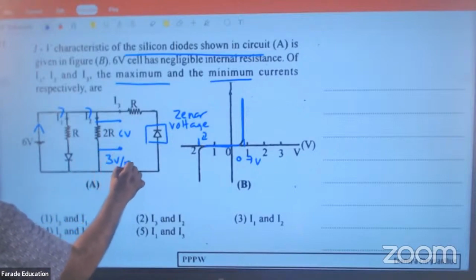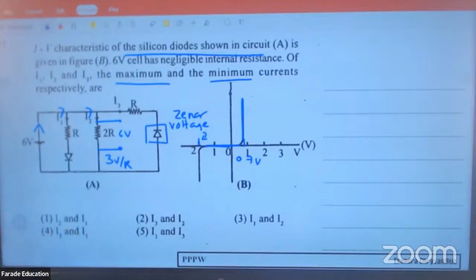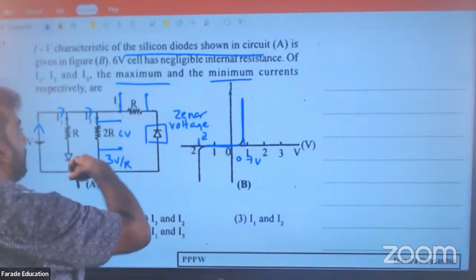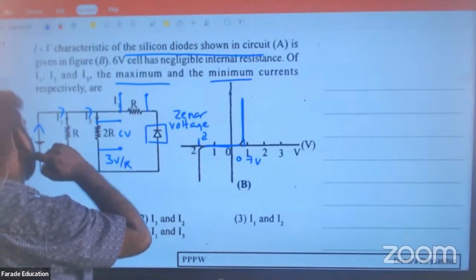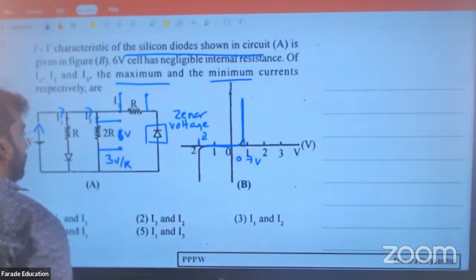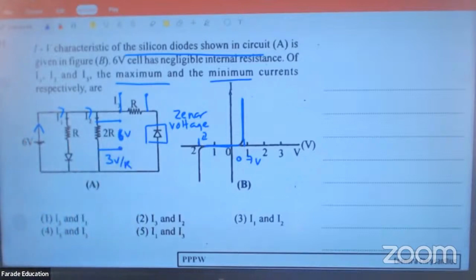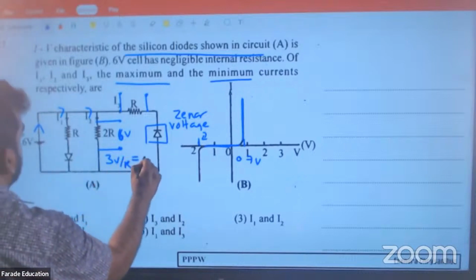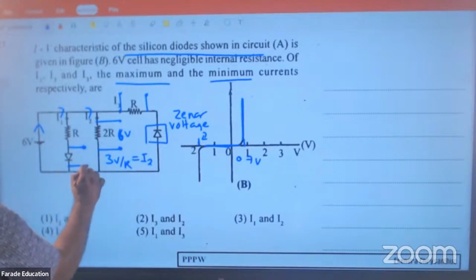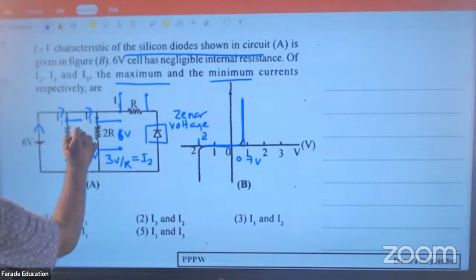So I2 is 3V over R. What's the voltage here? Here 6 volt. So the I2 current is easily found, 3V over R. Here 0.7 volt.